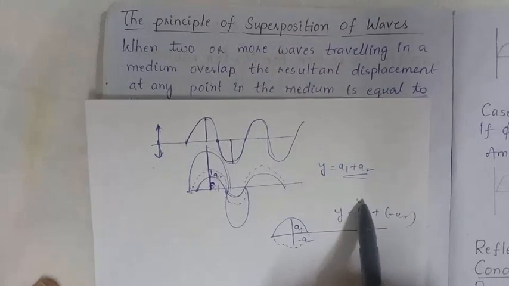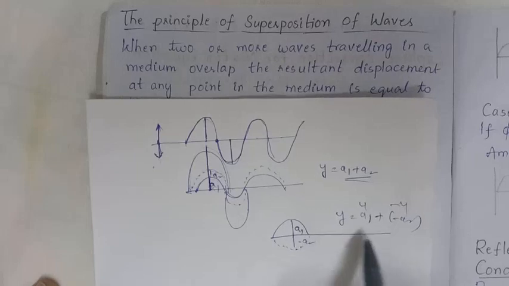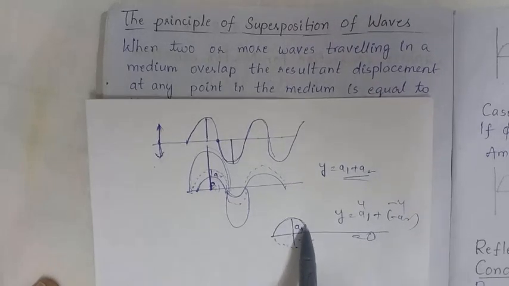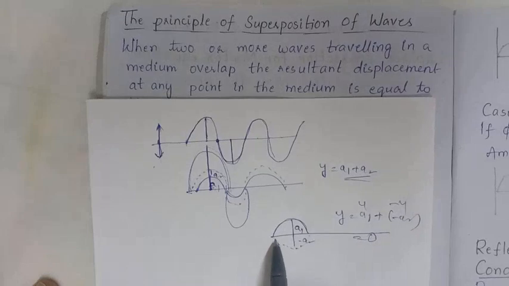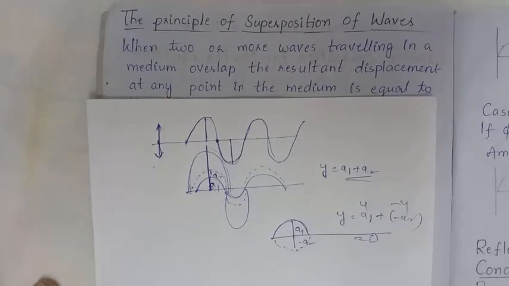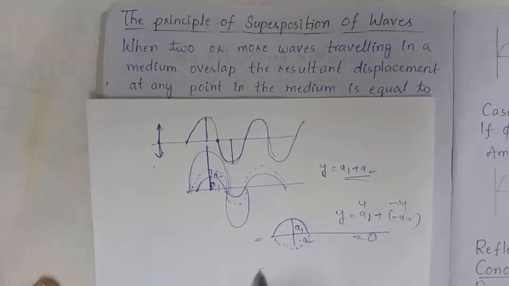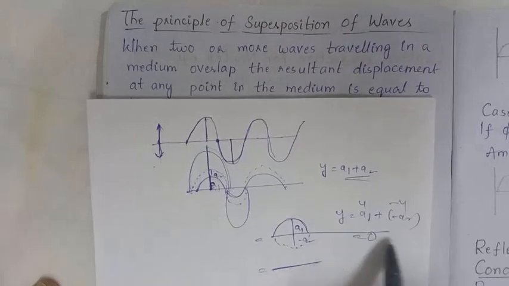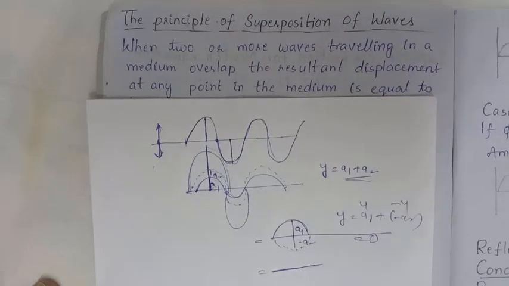Suppose it is 4, and the other is minus 4, then the resultant is equal to 0. Here the crest is superimposed, that means overlapped, with the trough, and we get a resultant displacement of 0. In this case there is no amplitude; the amplitude becomes 0.